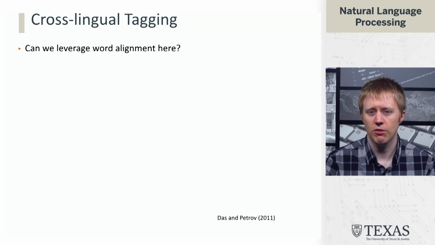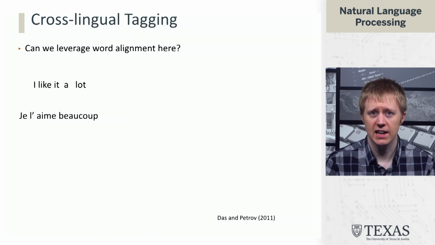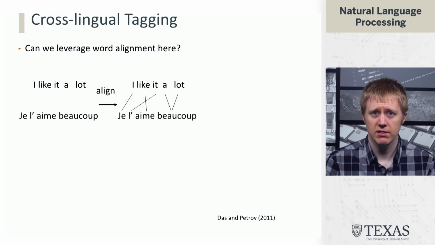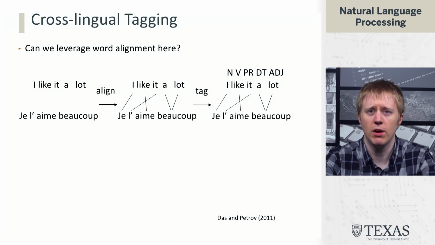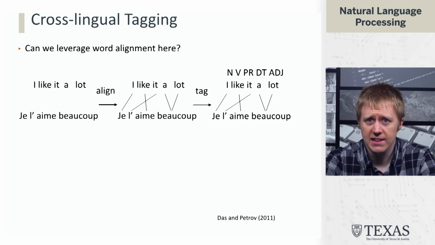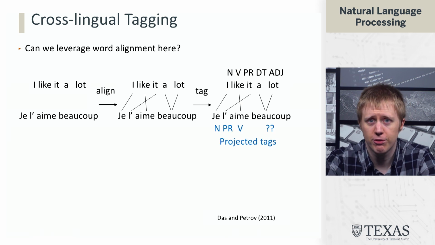All right, so one of the ideas that's been proposed here is essentially leveraging word alignment. So if we have the sentence, I like it a lot, and the sentence in French, je l'aime beaucoup, then we've seen in machine translation that we can produce alignments between these two sentences. Then based on these alignments, one thing that we could do is tag the sentence in English and then project those tags into French.